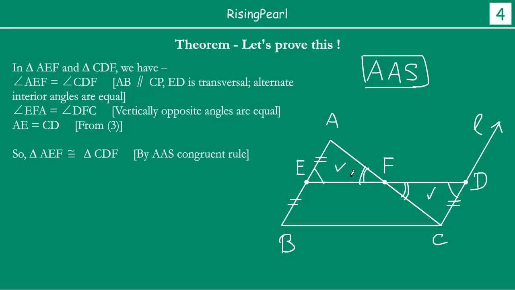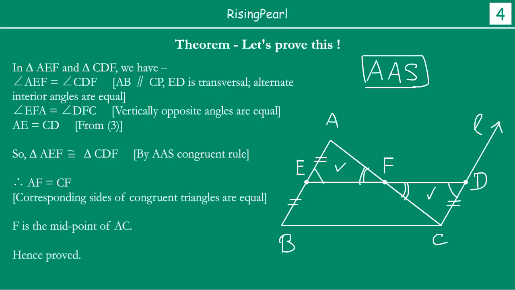If these two triangles are congruent, then what do we get? Immediately we know that corresponding parts of congruent triangles are equal. That means corresponding sides are equal, corresponding angles are equal. So this angle is equal to this angle, and the side opposite this angle is AF and the side opposite the other angle is FC.